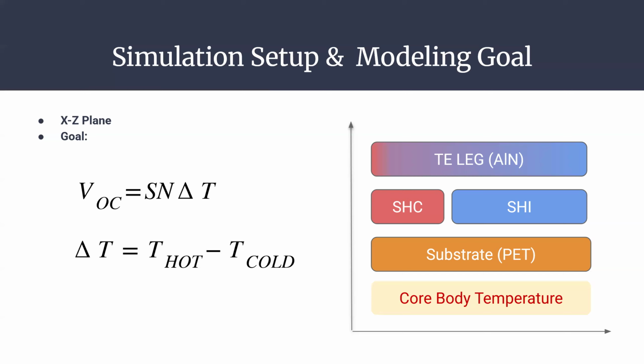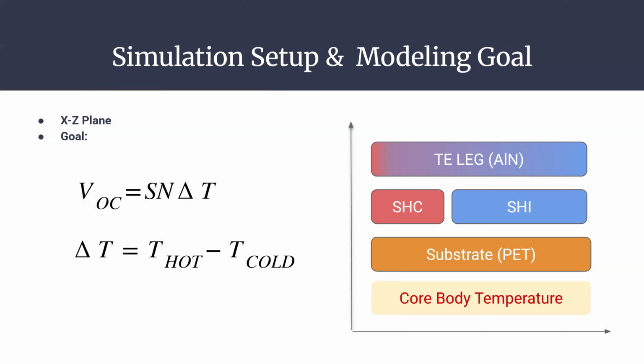The main goal of this simulation is to figure out the optimized open circuit voltage. As you can see on the left-hand side, we have these two equations. The open circuit voltage, V_OC, is the product of the Seebeck coefficient of the thermoelectric leg, the number of thermoelectric legs that we connect in series, and lastly, the temperature drop between the hot end and the cold end of each thermoelectric leg.